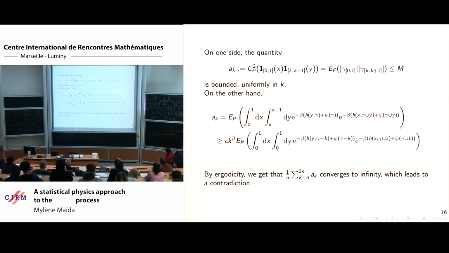So 1 over n, sum over k of this guy, will be bounded. But when you add the k to the power beta, it will converge to infinity. This leads to a contradiction. So it's really the fact that we have a long-range interaction going to infinity that gives you the contradiction.